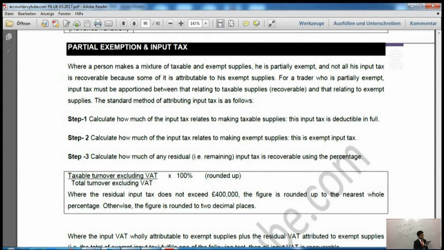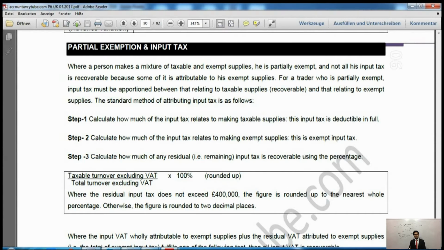Now let's read first. What are the conditions? If any of these 3 conditions, test 1, 2 or 3, is fulfilled, then all the VAT would be recoverable, even if it is on taxable supplies or on exempt supplies, because value-added tax on taxable supplies is recoverable anyway.